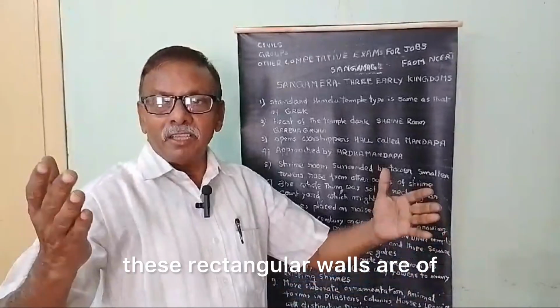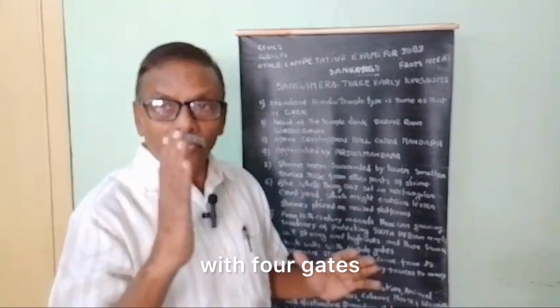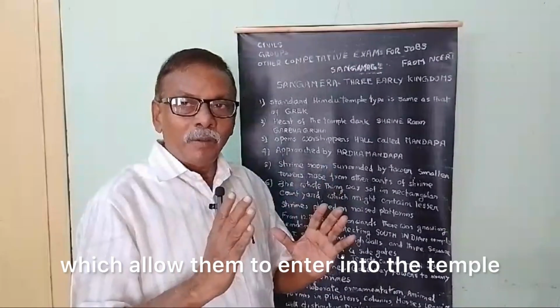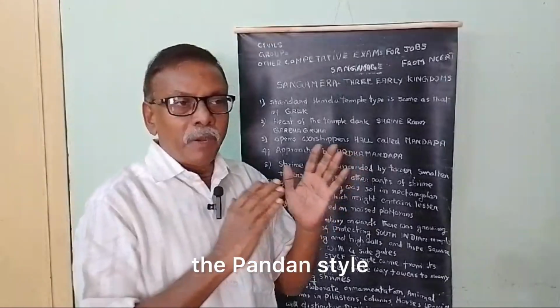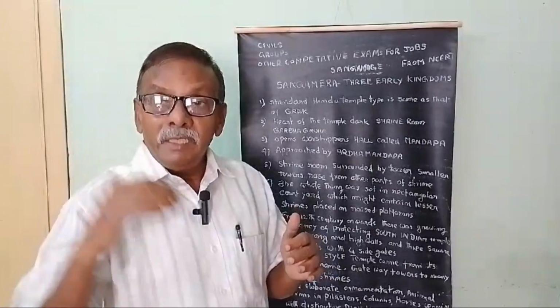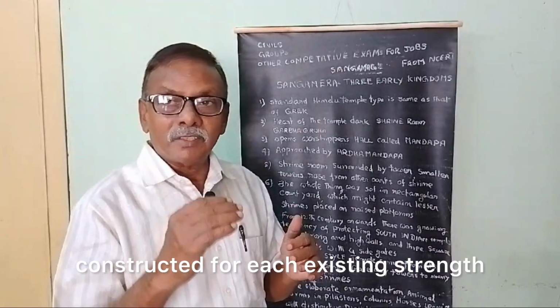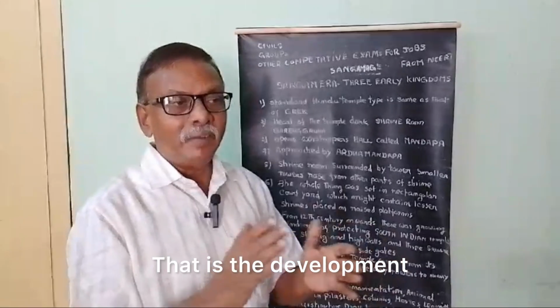Sometimes these rectangular walls are of 3 squares with 4 gates which allow entry into the temple. Gradually, the Pandyan style, which got its name from its dynasty name, had a gateway constructed for each existing shrine. That is the development.